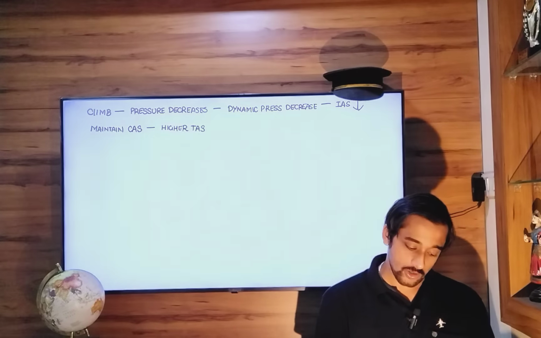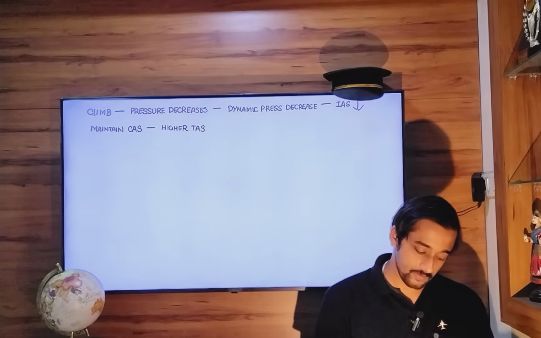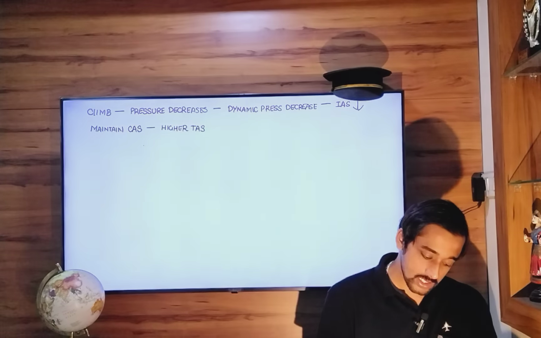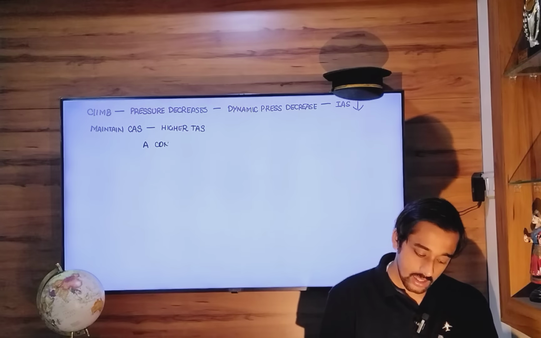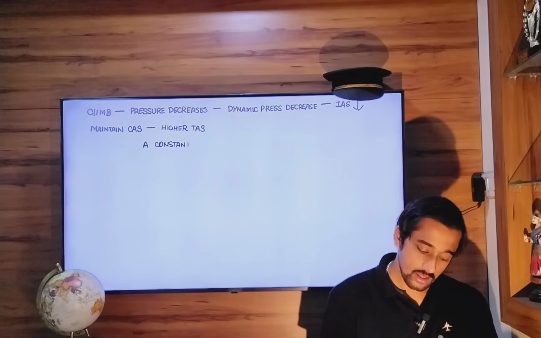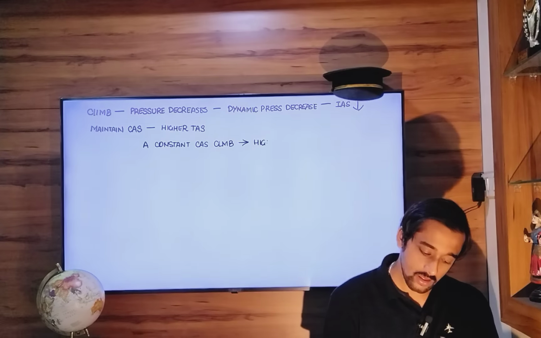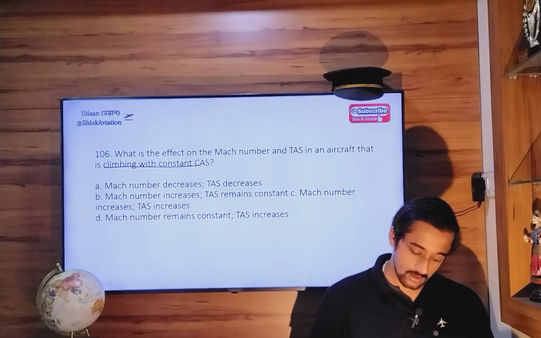So a constant calibrated airspeed climb results in higher true airspeed. Let's check the options.